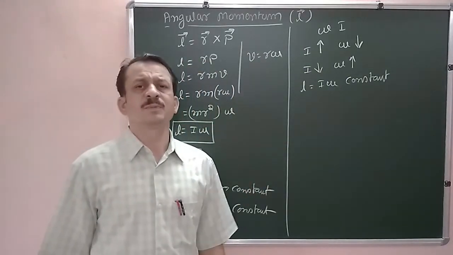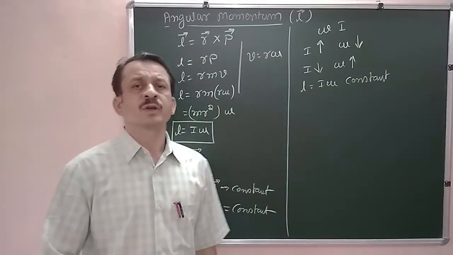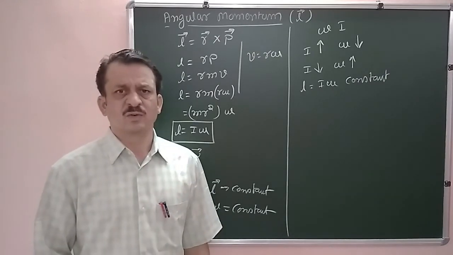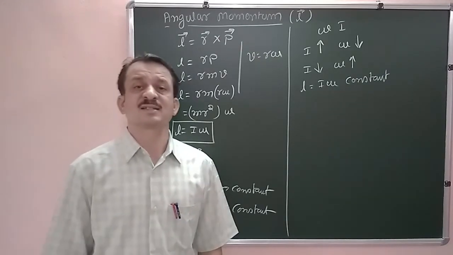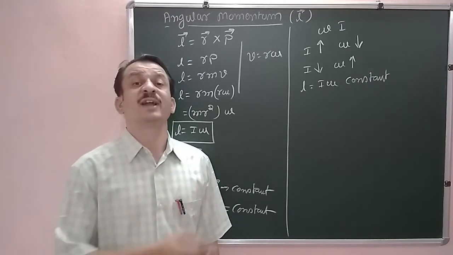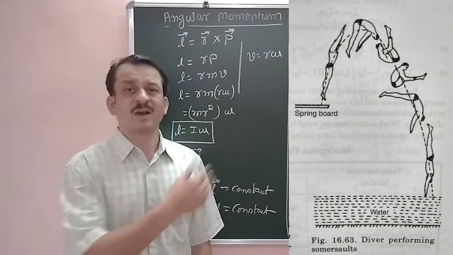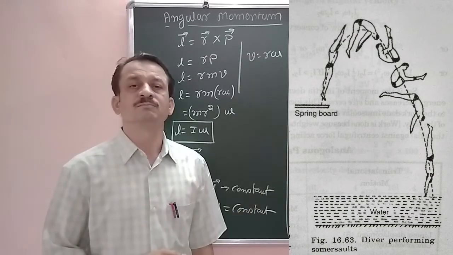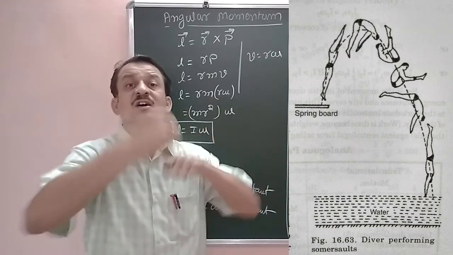The same principle is used by acrobats who perform in circus and in swimming. In a diving competition, a diver who is diving from a platform, as shown in the diagram, performs somersaults.